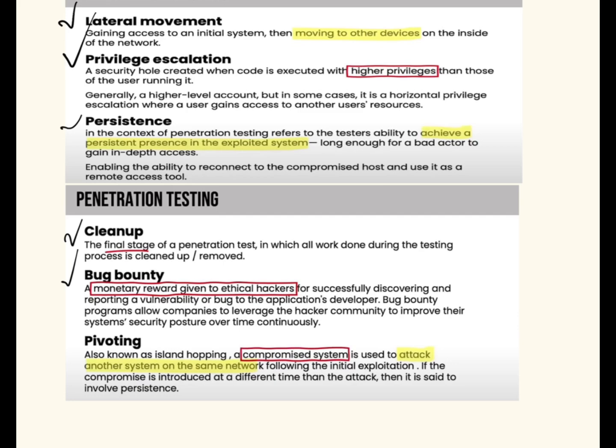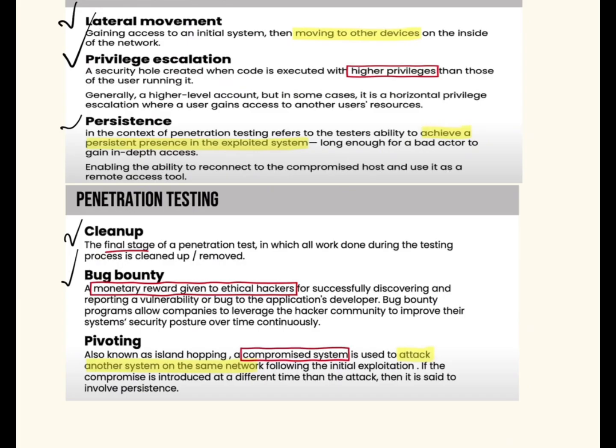So it is kind of hopping. When you get into one system, from there you can hop into another system. If the compromise is introduced at a different time, then the attack is said to involve persistence.